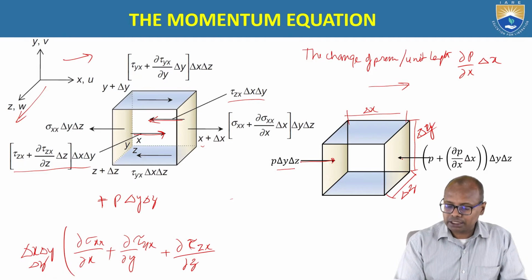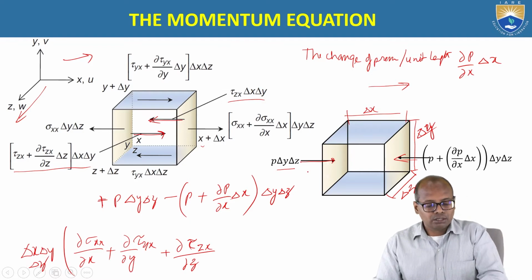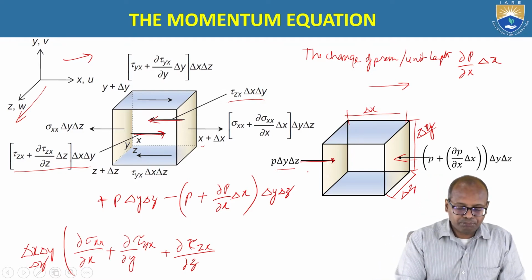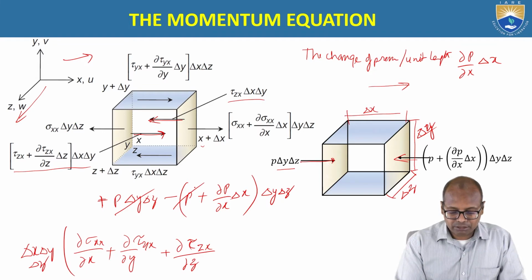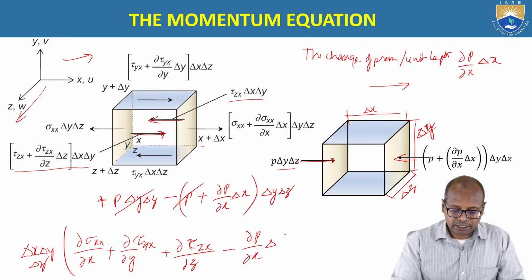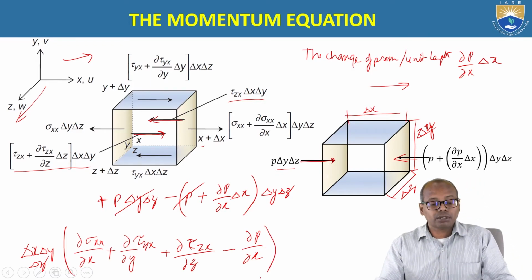Now this is acting in the negative direction, so I am putting a negative value here: P plus dou P by dou x into delta x into delta y delta z. Now if I eliminate the first term, the equal positive and negative terms, I will be remaining with minus dou P by dou x. Delta x delta y delta z I have taken common, so this is the term I'm getting.